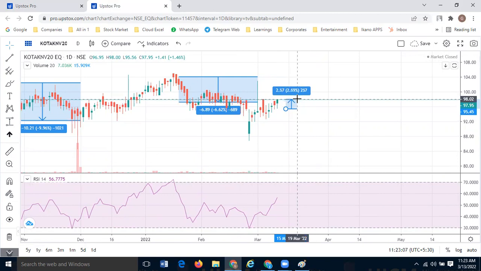I got the point, sir. So my question was basically, you were talking about this point at 11th March. So this is the RSI in which, are you saying about 11th March or 12th March? I'm saying about the 12th March. I was talking about last Friday. So my question was, the RSI is showing a value of 56.775. So my analysis would be that it is a point wherein I can buy, because it has not touched the 70 level.